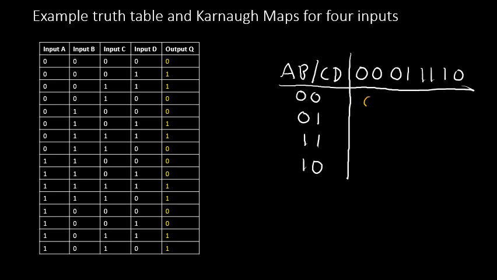I'll again fill this in quickly: 0, 0, 1, 1, 0, 0, 0, 1, 1, and 0, 0, 1, 1. So that's now our completed Karnaugh map for 4 inputs.